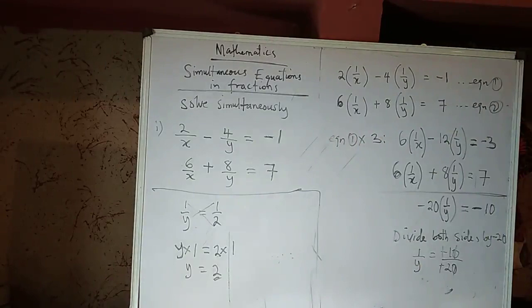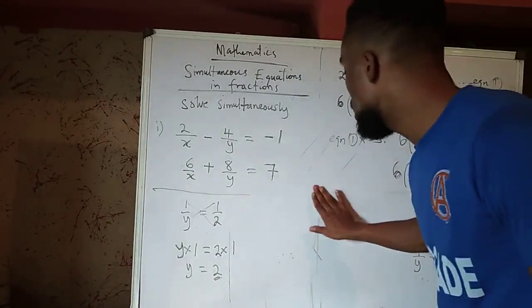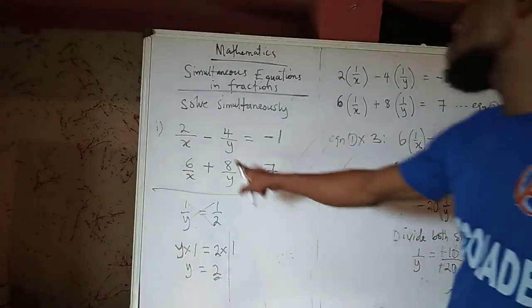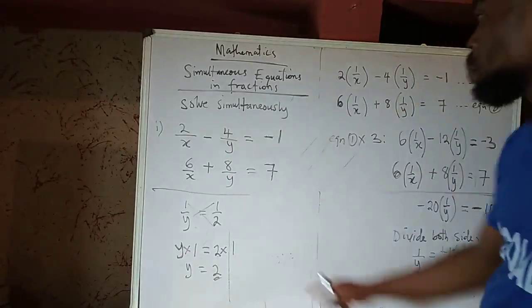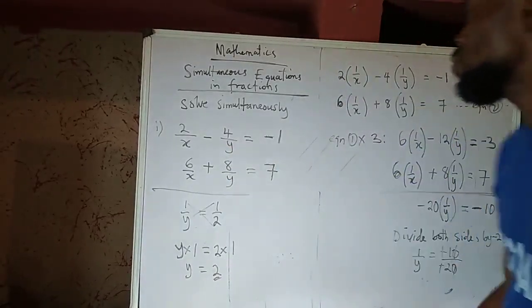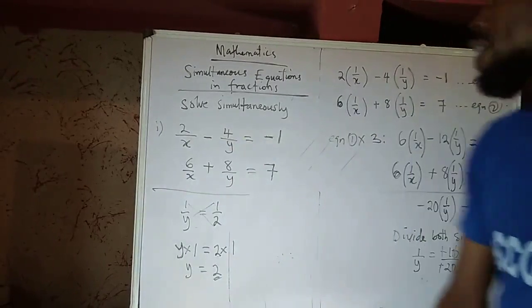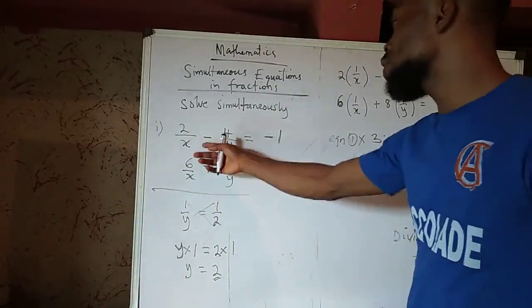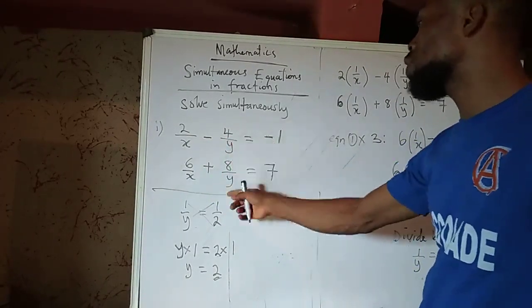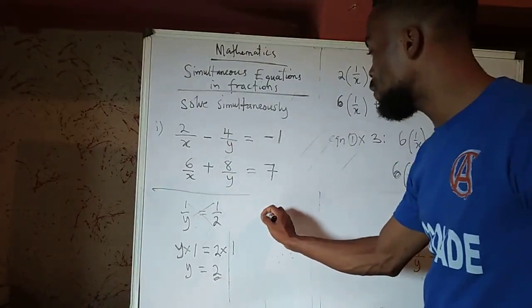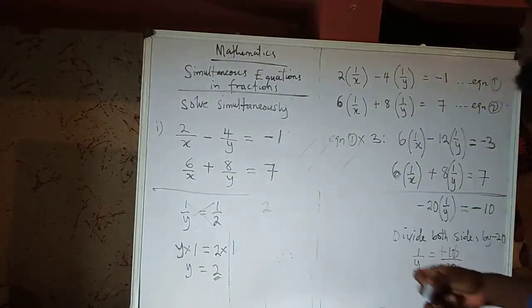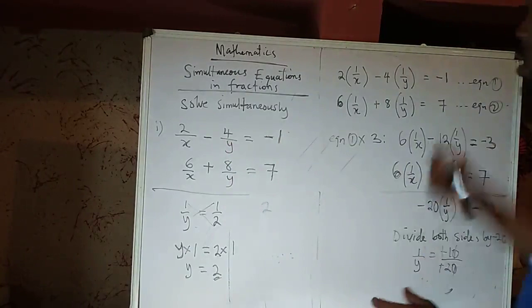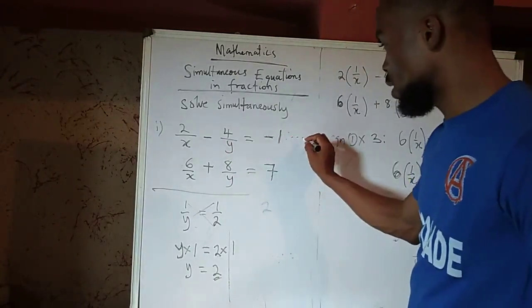Okay. Now let's also look for x. Remember we have been able to find y, so we can just substitute for y in either of these equations. I'll call this equation 1.